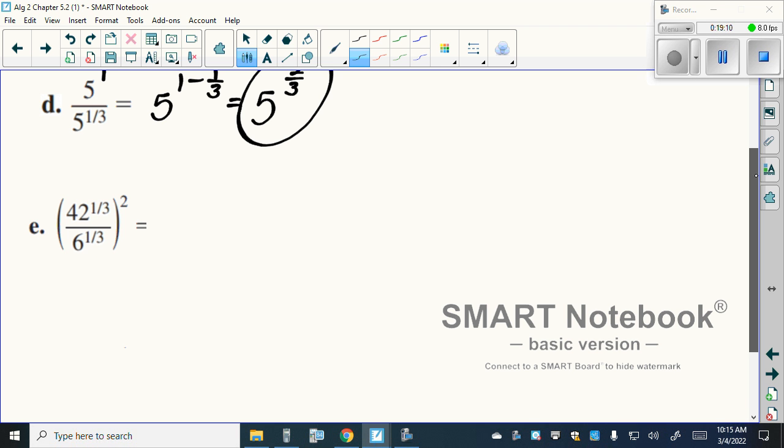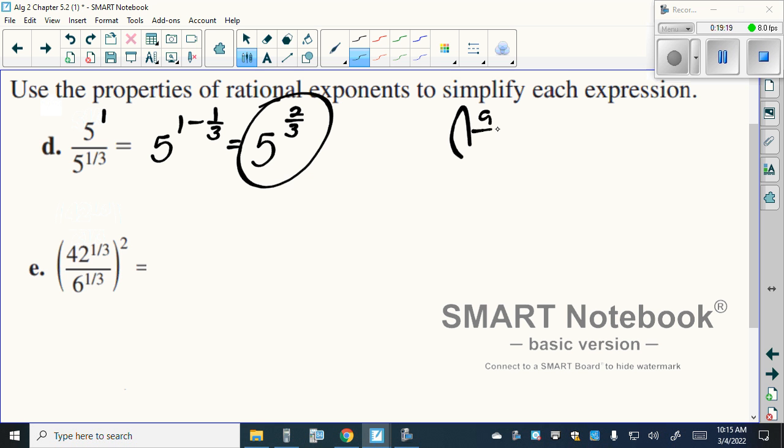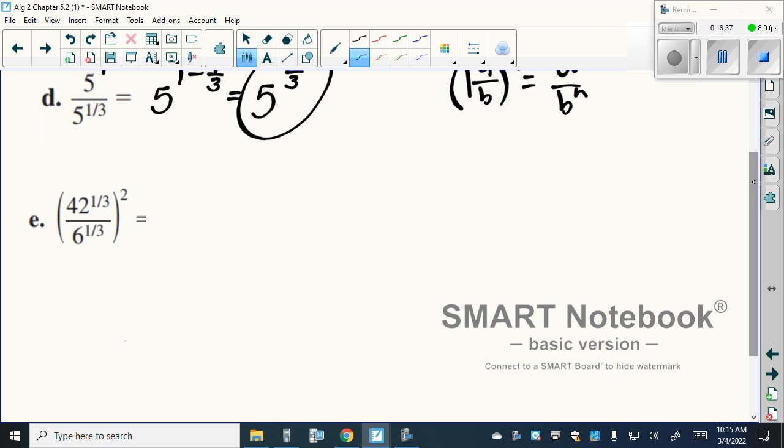And what we really can use first in manipulating this is power of a quotient. The power of a quotient property states that a divided by b to the n is equal to a to the n divided by b to the n. And we've used the power of a product before already because we applied the power to it. Well, here I could use it with the 2, but we could do something else.